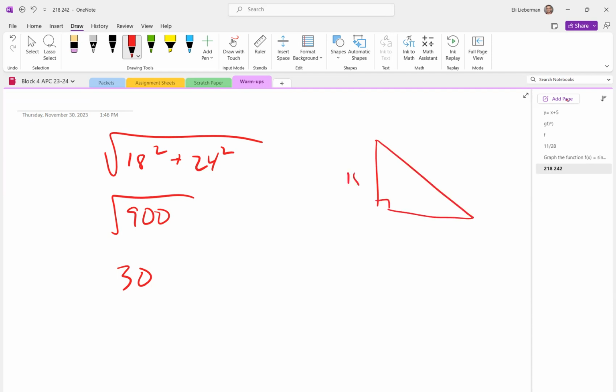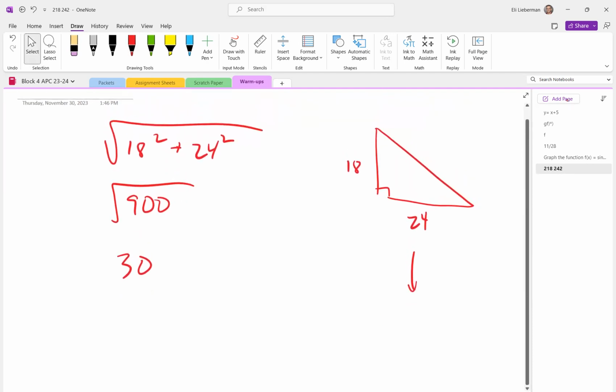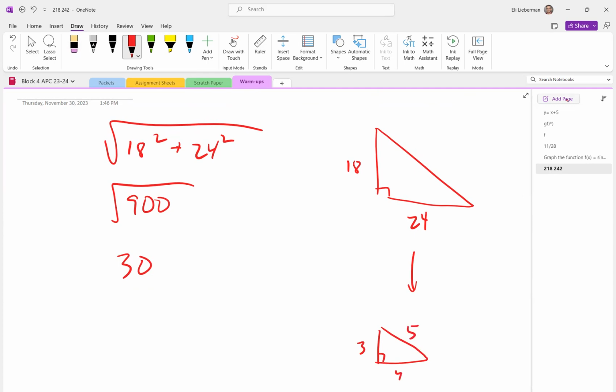So 18 and 24, since we could divide both of those by 6, we could simplify that to be 3, 4, and 5. So going this way, we divide by 6. Going the other way, we have to multiply by 6. So I hope that makes sense, that we get a 30 there. It sounds like you did both ways. Nice.